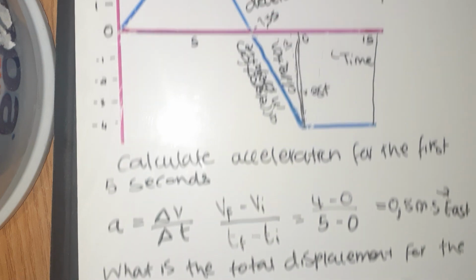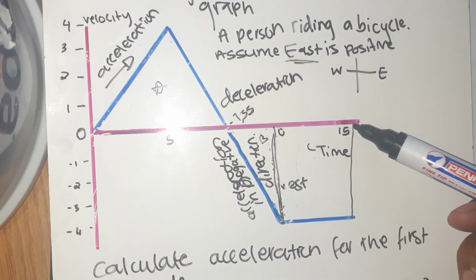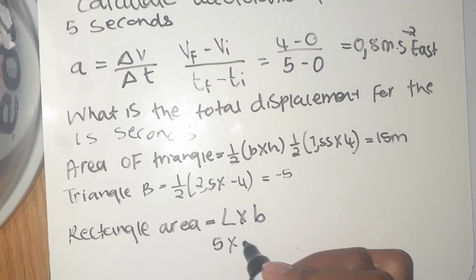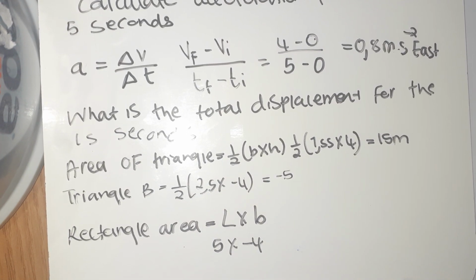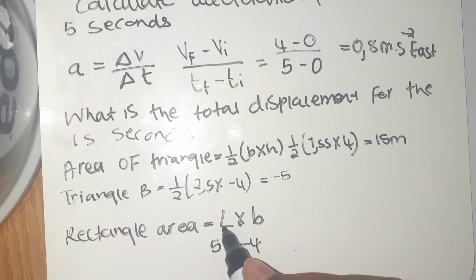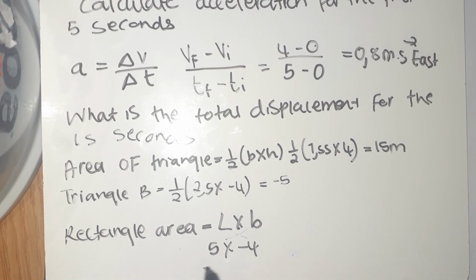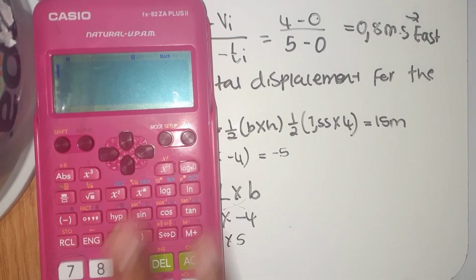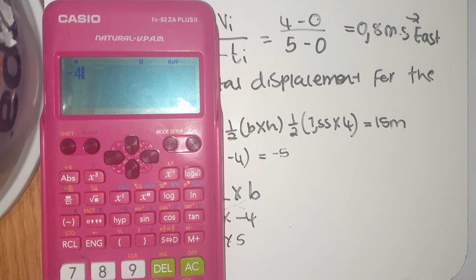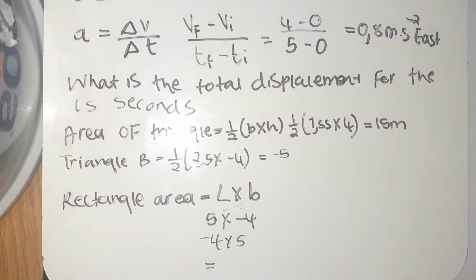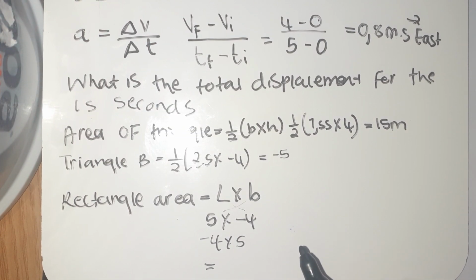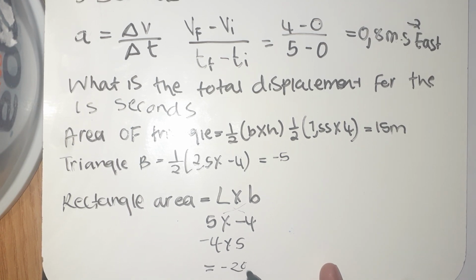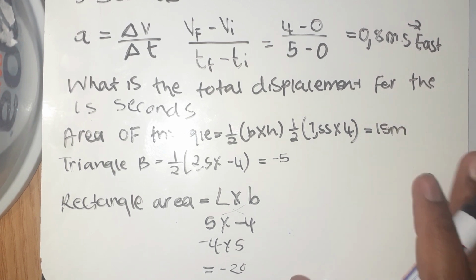And then the length is from 0 to -4, so times -4, or you can swap them around. You can just say -4 times 5 if you're following it exactly the way it is. So -4 times 5 is -20.